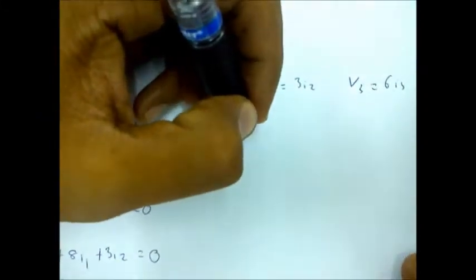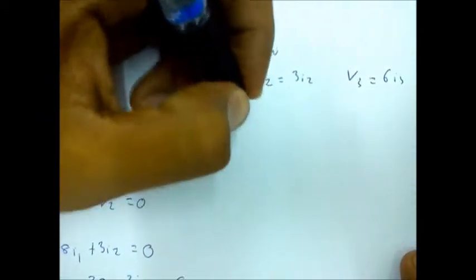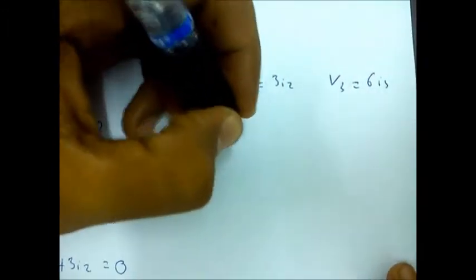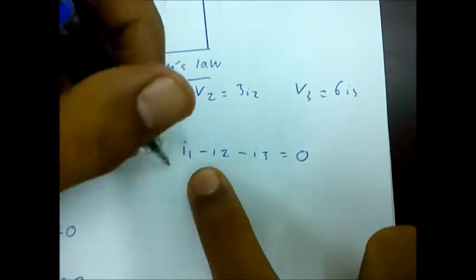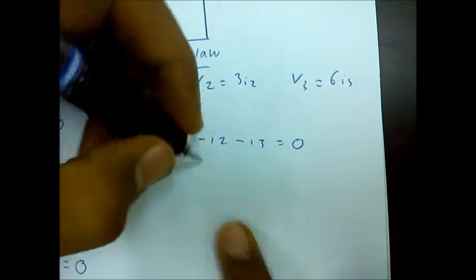By using KCL, I1 minus I2 minus I3 equals 0, we can substitute this with the equations that we got.